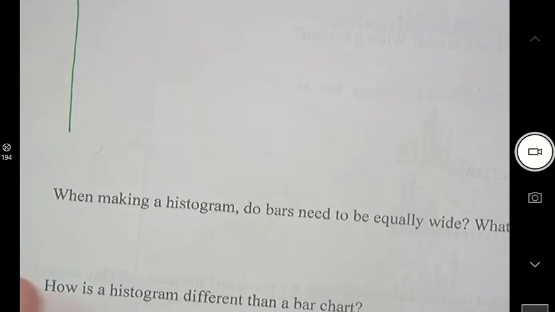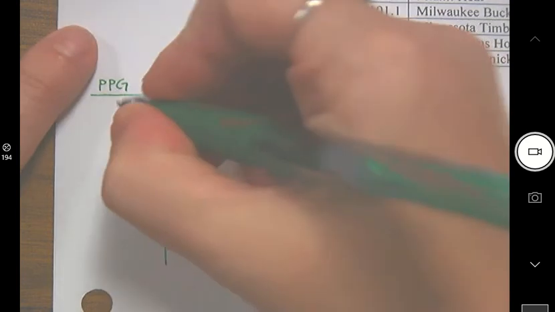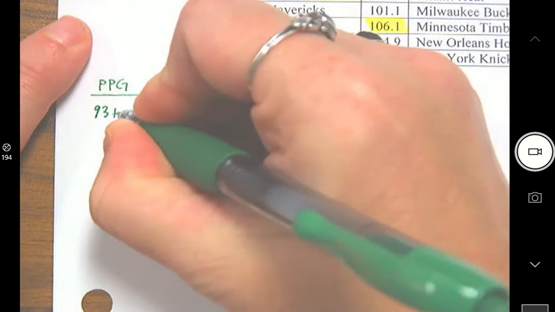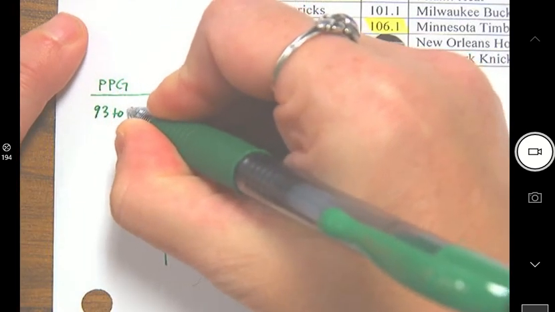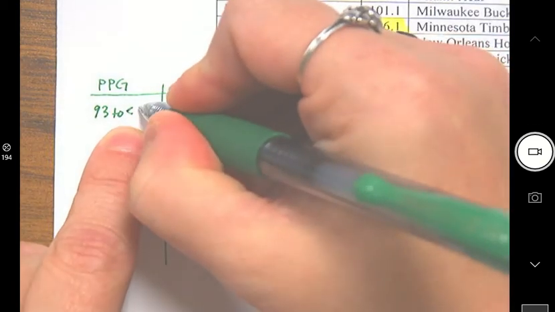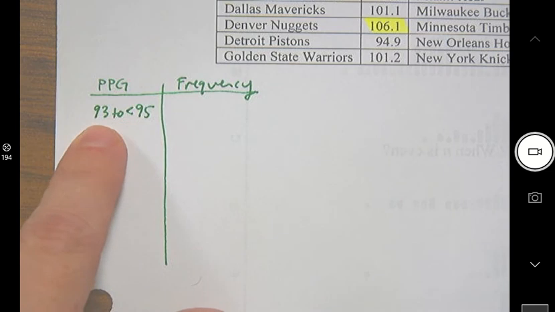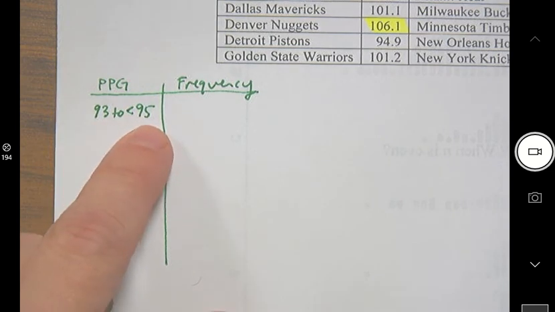If you feel comfortable doing that, let's count by 2s, which means I'm going to go from 93 to everything. Now, I can't just put 95. I need to put less than 95. Here's why. 93 all the way up to everything less than 95.